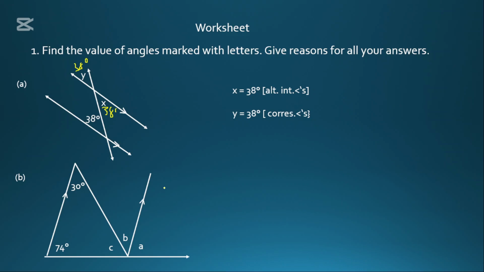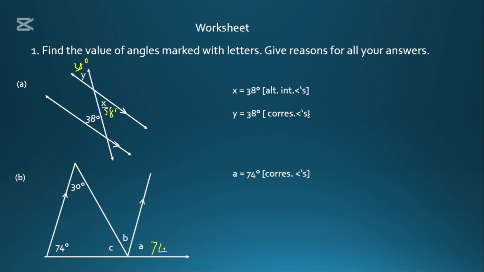Okay, so next one. We have two given angles here. Two given angles, three unknowns. Decide 74 degrees and A, do they form a pair? If your answer is yes, then A is 74. Yes, they form a pair. It's a pair of corresponding angles. So A is equal to 74.